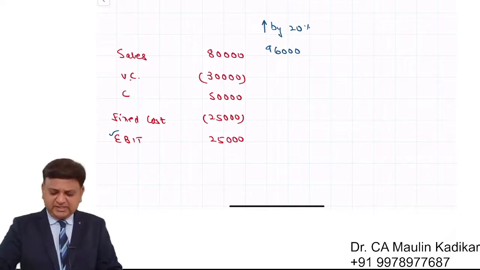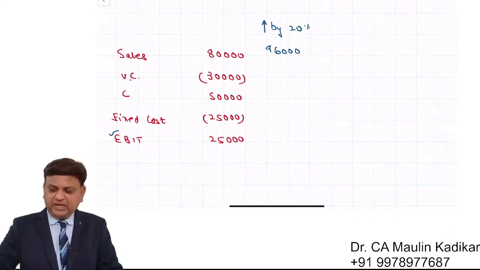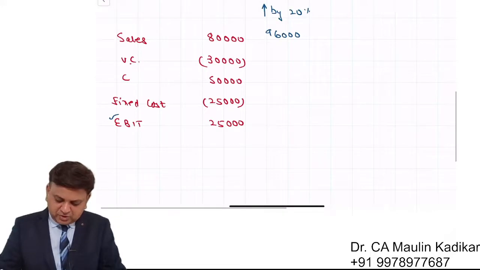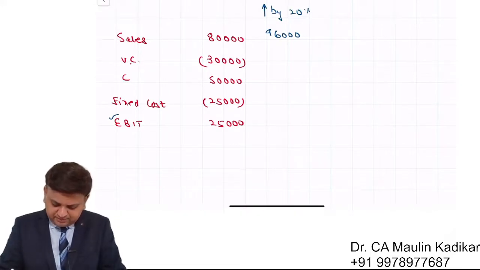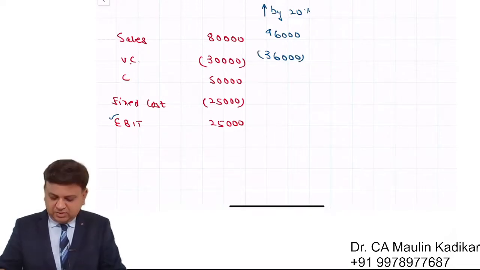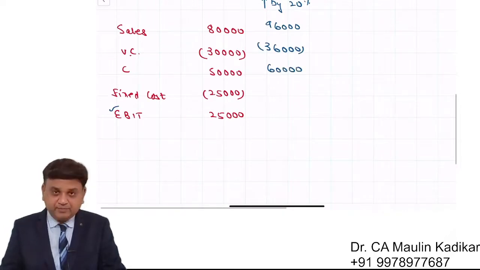So we understand that sales increases by 20 percent, 80,000 plus 20%. Variable cost will also increase in the same proportion, so it will increase to 36,000. So 96,000 minus 36,000, contribution will increase to 60,000.